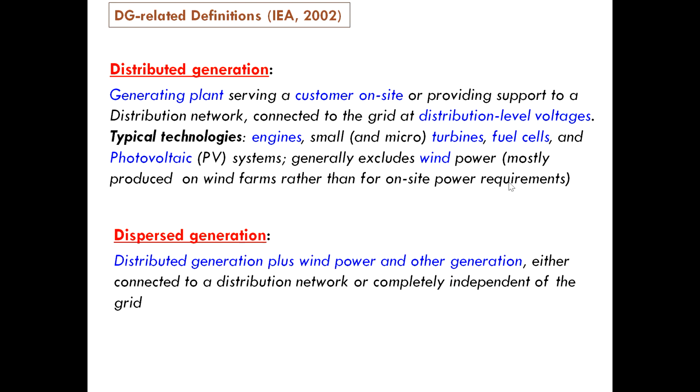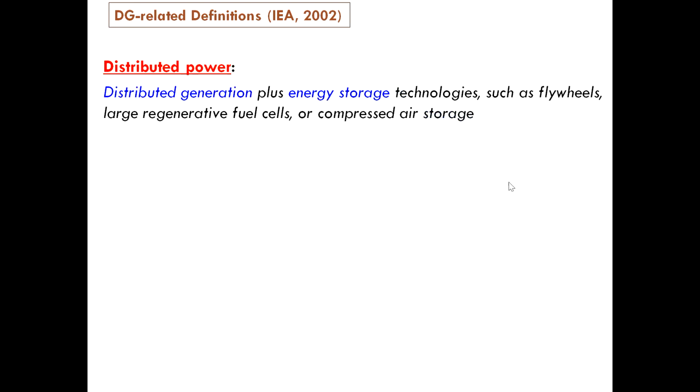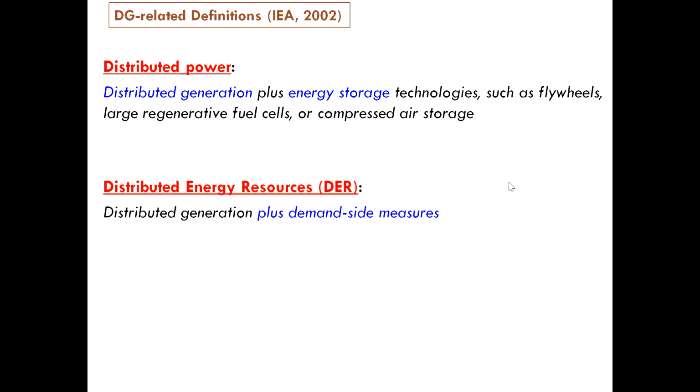Then we've got a definition for dispersed generation. So this is just distributed generation plus wind power. According to the IEA, this now forms dispersed generation. Distributed power is distributed generation plus energy storage. Then we have distributed energy resources, which now combine all forms of distributed generation as well as demand side measures.